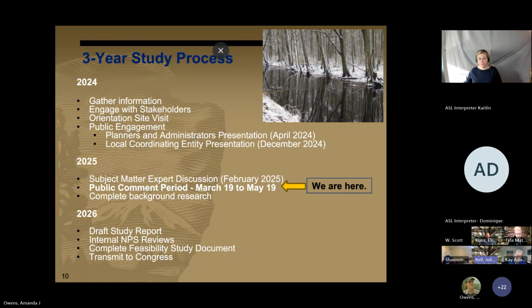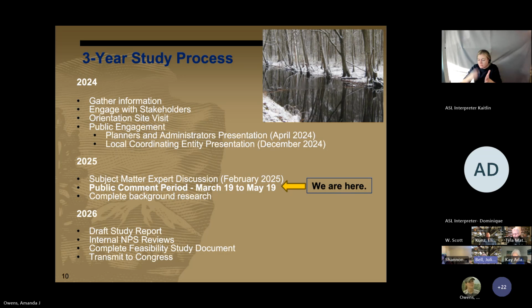All right, so feasibility studies typically take about 3 years. This one we started in 2024 by gathering information. We engaged with stakeholders such as the Great Dismal Swamp Collaborative, and we went out in October and visited the area to get familiar with it, to see for ourselves on the ground what we might see as those resources.